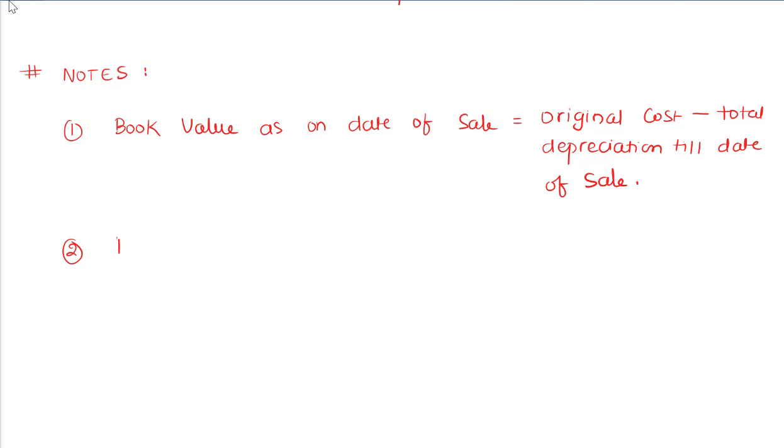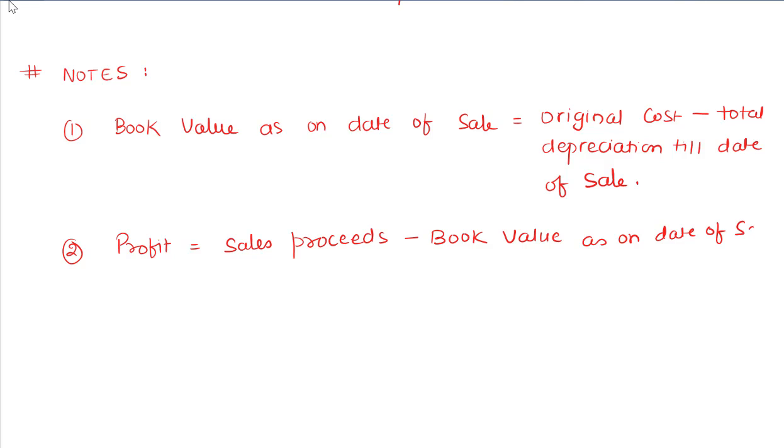The next, profit equals sales proceeds minus book value as on date of sale.